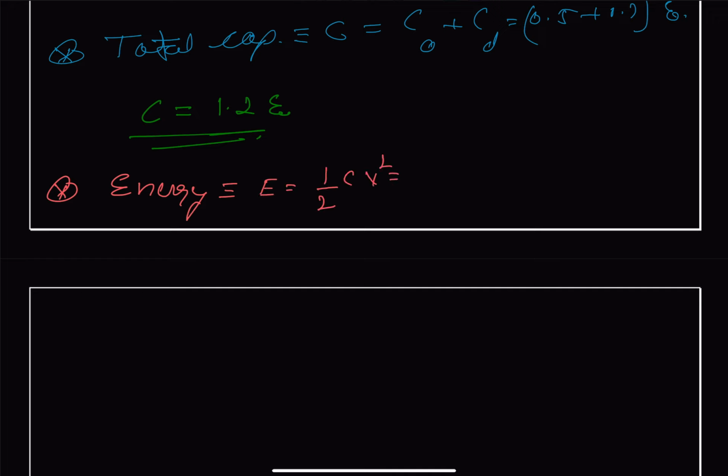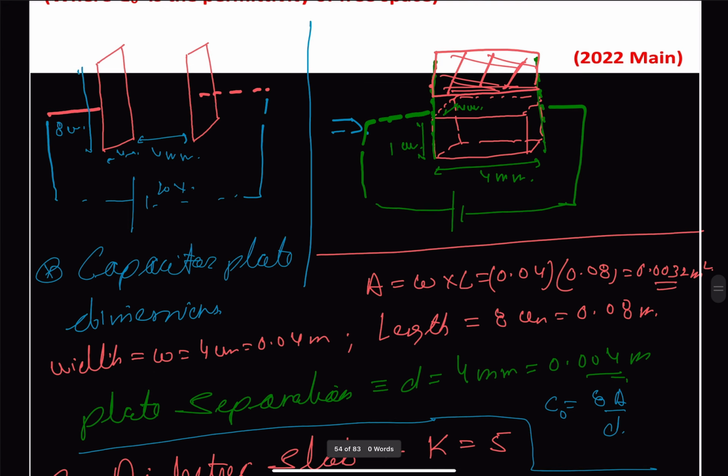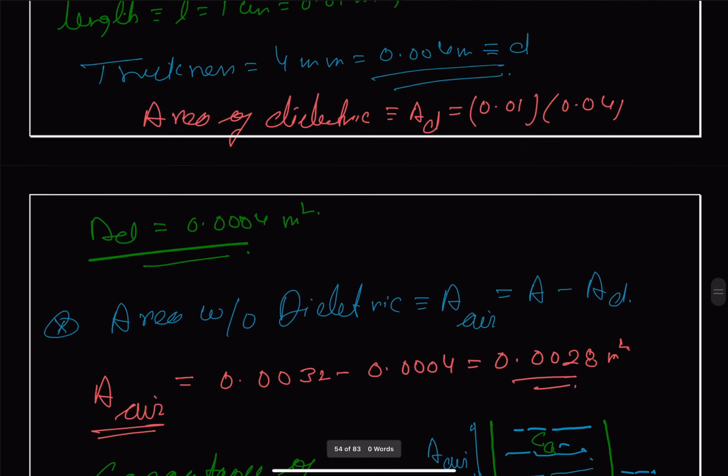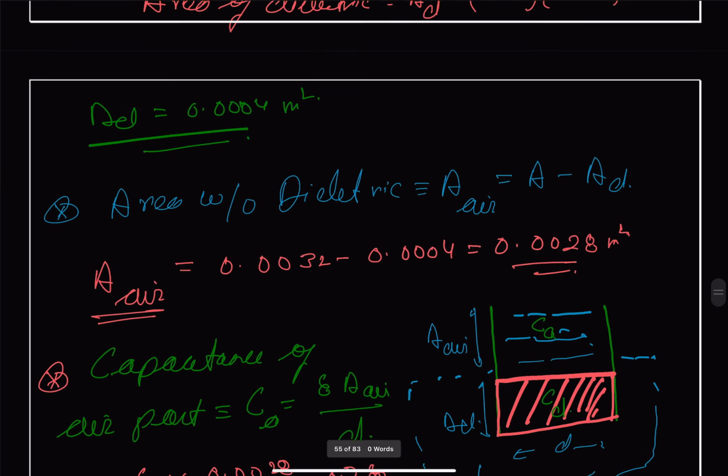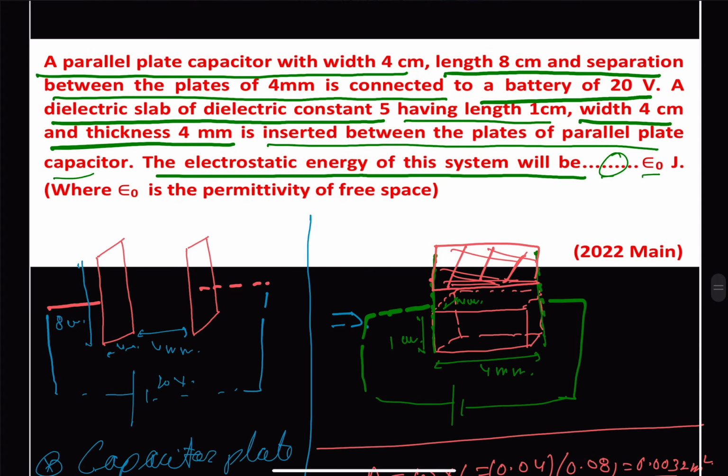This comes as half times 1.2 multiplied by 20 whole square, and this comes as 240 epsilon naught joule. We are given this will be dash epsilon naught, so the value of dash is 240.